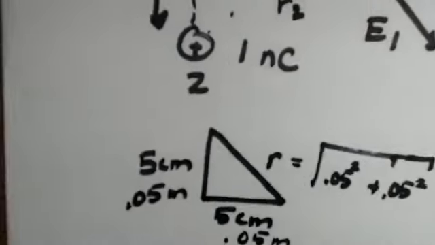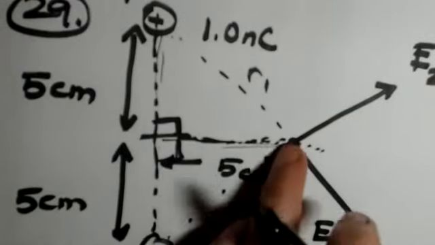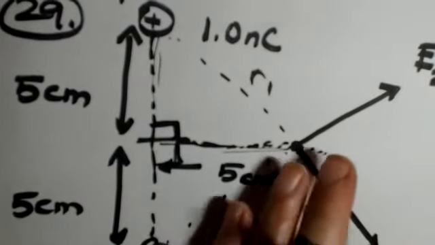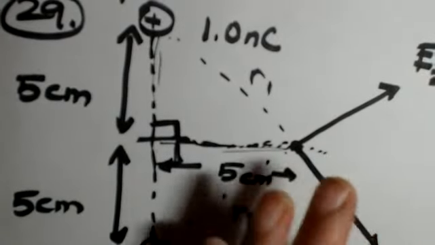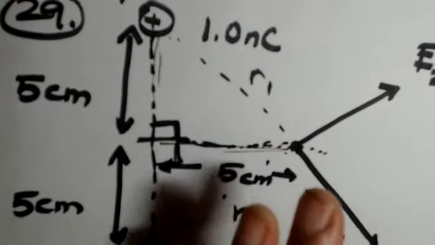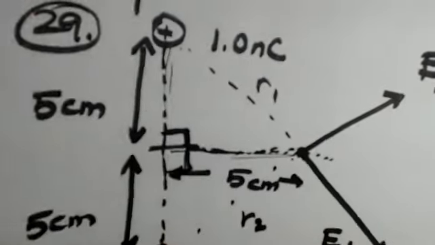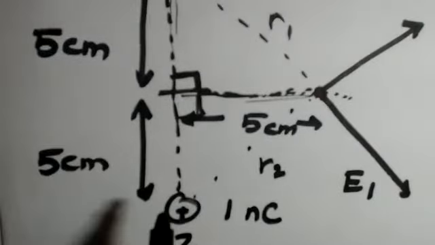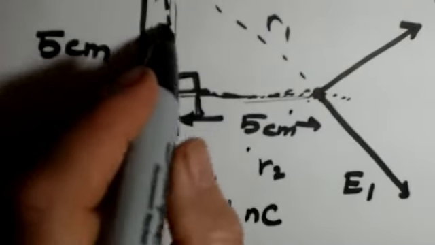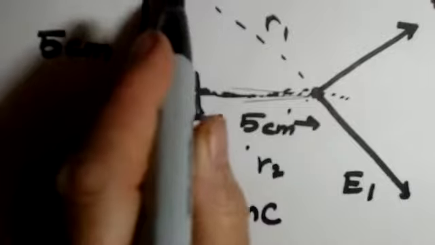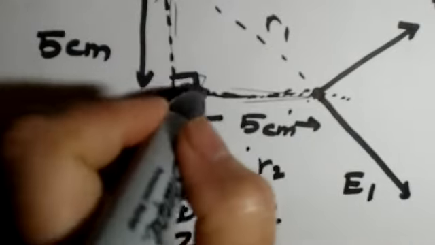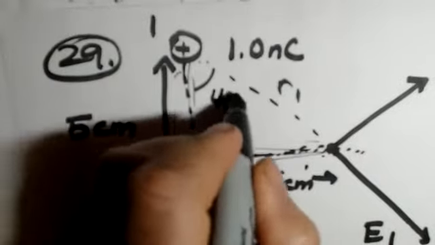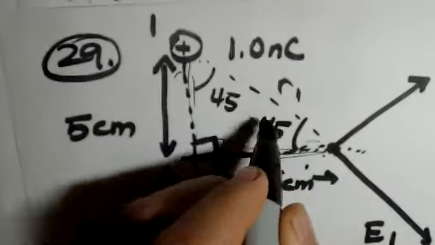All right, so now electric field, though, is a vector. So it works just like when I have a force. I'm going to do the same thing. First thing I need to do is find some angles. Well, this is an isosceles right triangle. So if this is 90 degrees and these two are both the same length, then I know that angle there is 45 degrees and that angle there is 45 degrees.